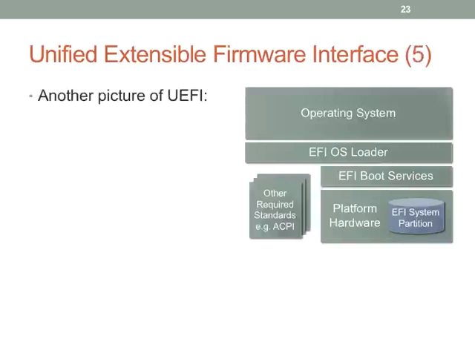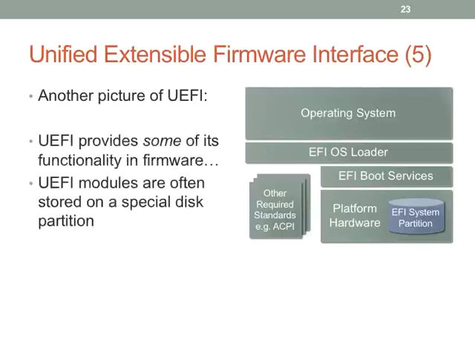Okay, so another picture. Let's just try to get through the last few things in the last few minutes. Here's another picture of UEFI. You will notice that there's something new here, which is a can, which usually represents a disk. So you'll notice that disks are actually a very important aspect of UEFI. And this is where, when you install UEFI applications or UEFI services, if they're not part of what comes prepackaged, then they go onto the EFI system partition.